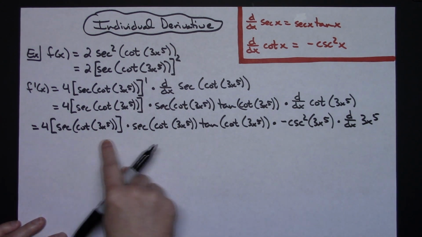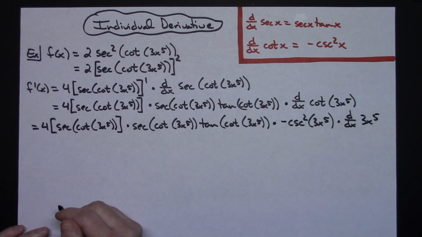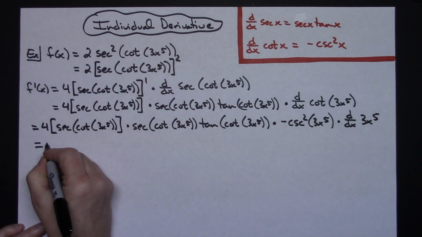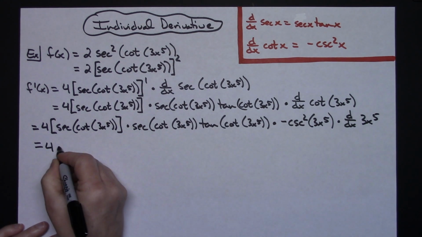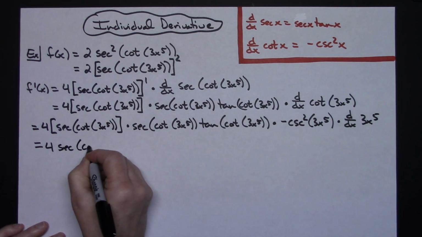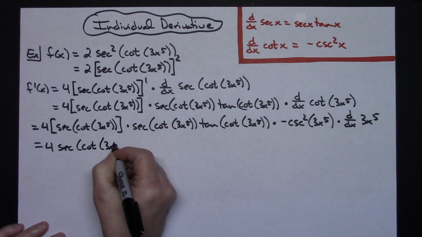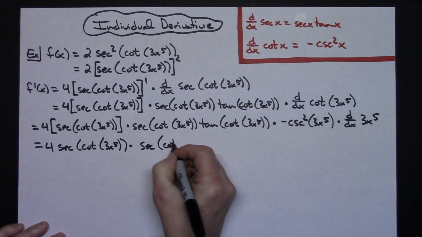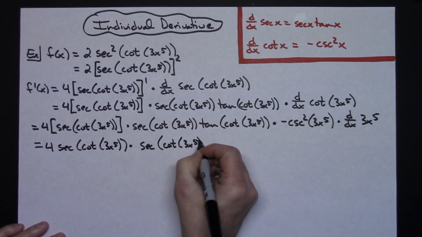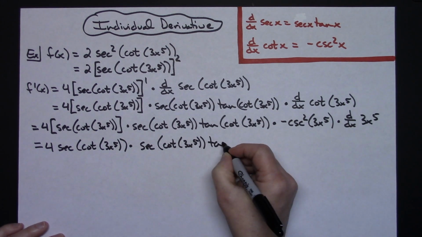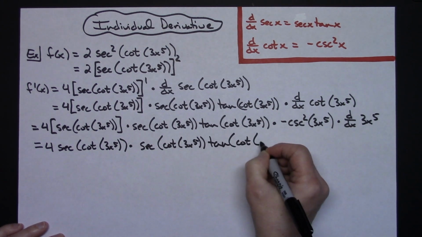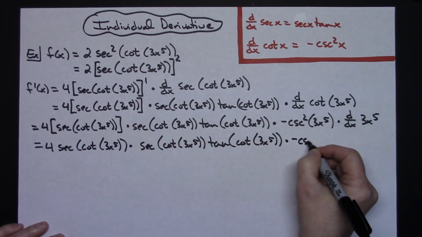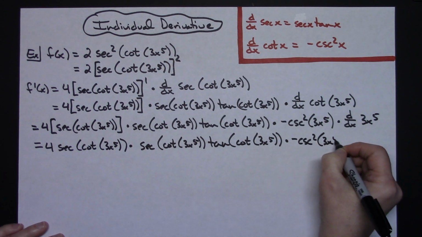Again, let's write out that whole entire line right there. So we will have 4, I'm going to take away those big brackets, secant cotangent 3x to the 5th times a secant cotangent 3x to the 5th, tangent cotangent 3x to the 5th times the negative cosecant squared 3x to the 5th.